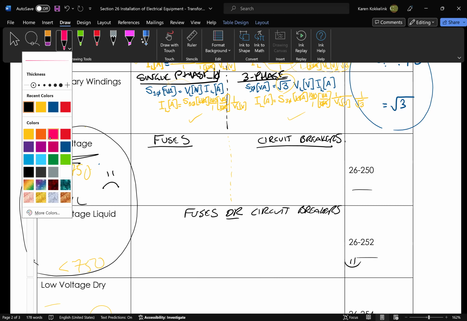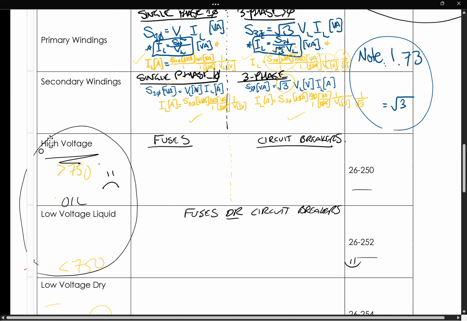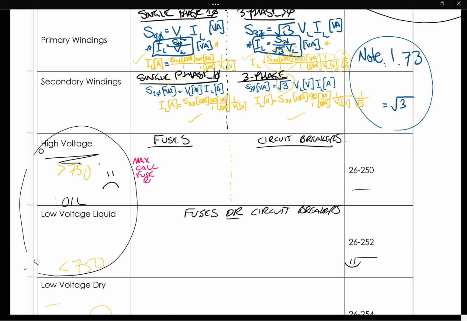Let's get a nice new color and just organize our thoughts. For fuses, all we say is maximum calculated fuse rating is equal to 1.25 times I line, and that's going to be in amps.